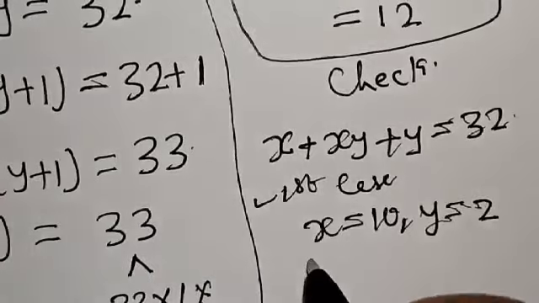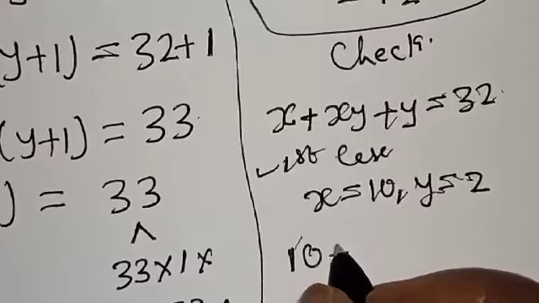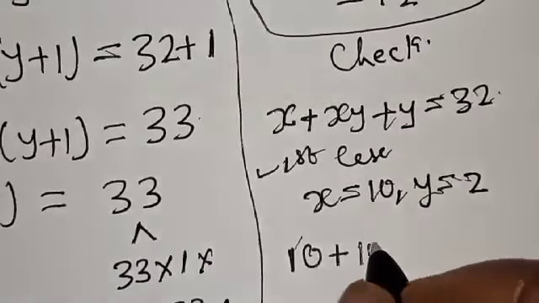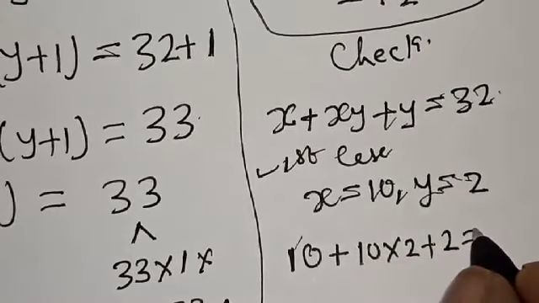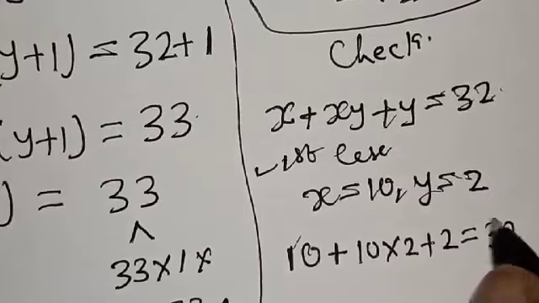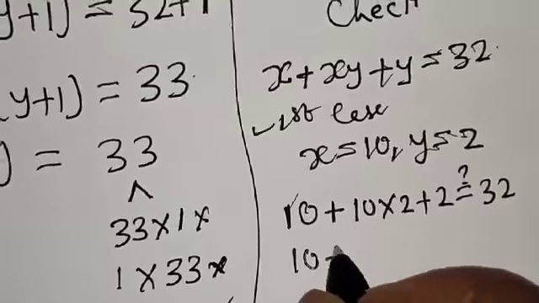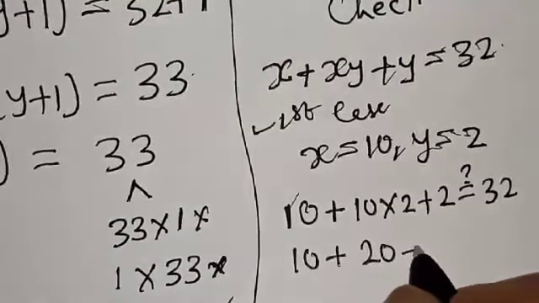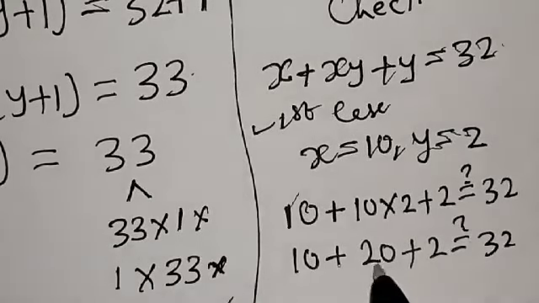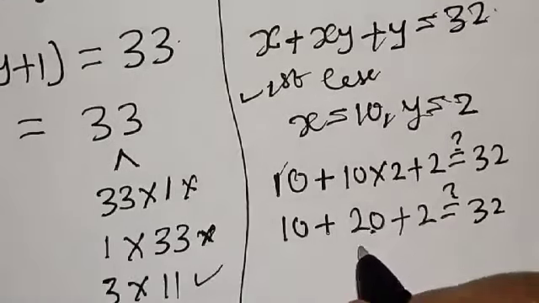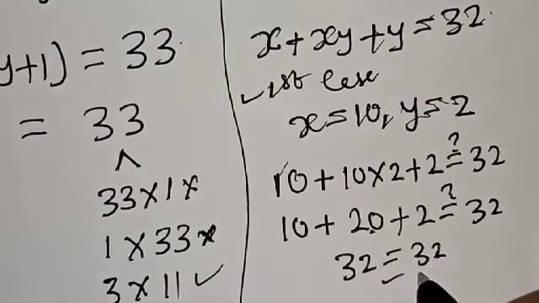Then we have 10 plus 10 multiplied by 2 plus 2 must be equal to what? 32. Now, this is 10 plus 10 times 2, this is 20, plus 2 must be equal to what? 32. Now, let's see, 10 plus 20, that is 30, plus 2, that is 32. Then the left-hand side is equal to the right-hand side, which satisfies the given equation.